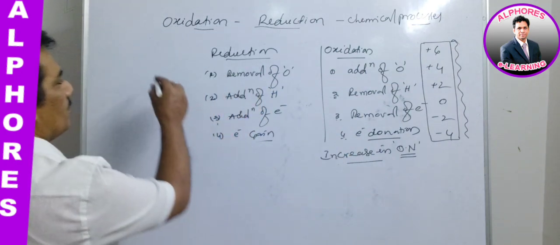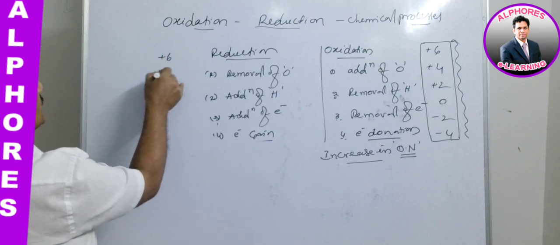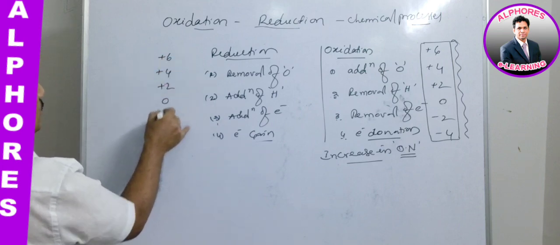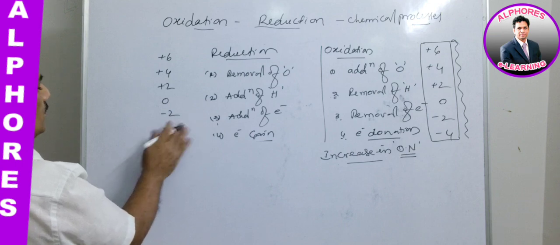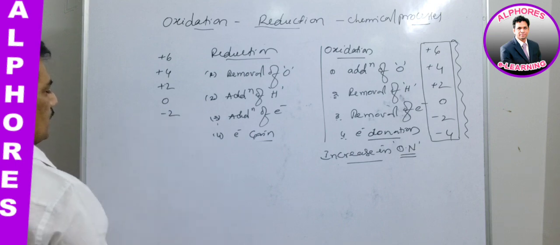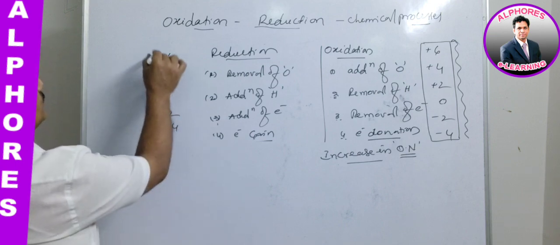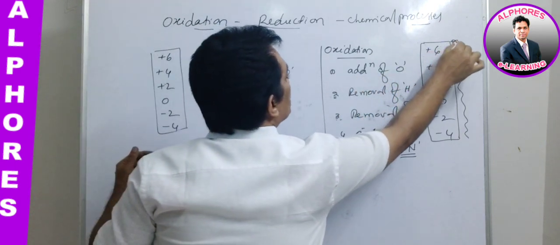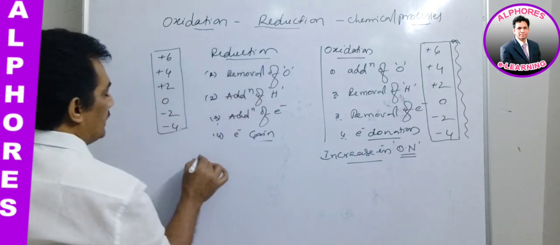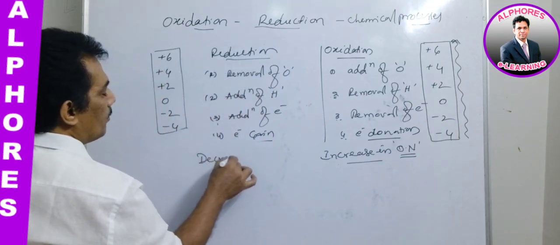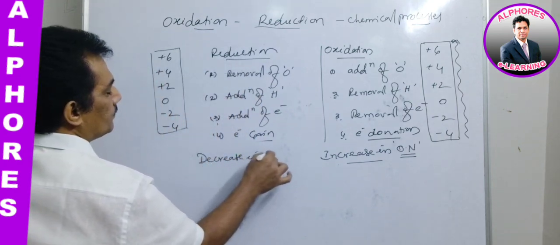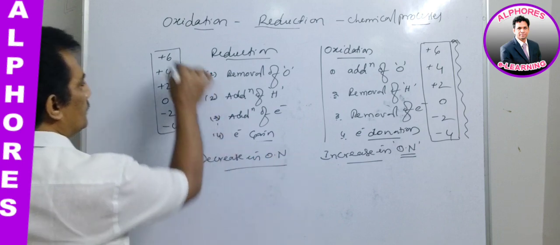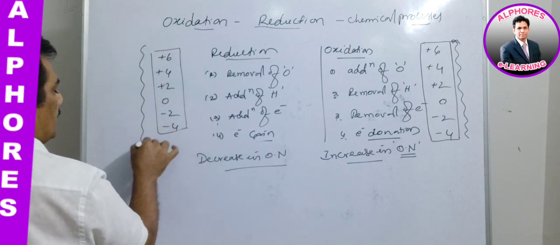Is it not? Here, if the sequence is +6, +4, +2, 0, -2, -4, then an increase in oxidation number is oxidation, and a decrease in oxidation number is reduction.